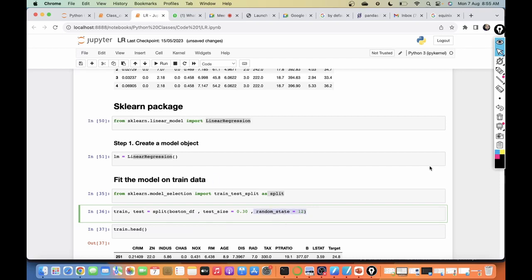As I told you, the train test split function takes the records randomly into the train and the test. For example, if I split now, some random 80 values out of 100 will go into the train, and some random 20 values will go into the test.